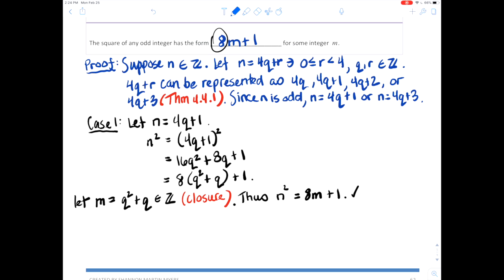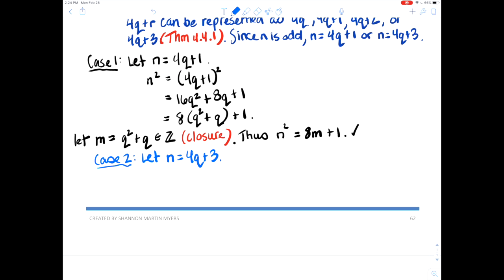All right, so for the next case, case 2, why don't we let, again, n be equal to 4q plus 3 this time? Those were the possibilities. So we're going to have n squared is equal to the quantity 4q plus 3 squared, which will give us 16q squared plus 24q, this is all just by algebra, plus 9.